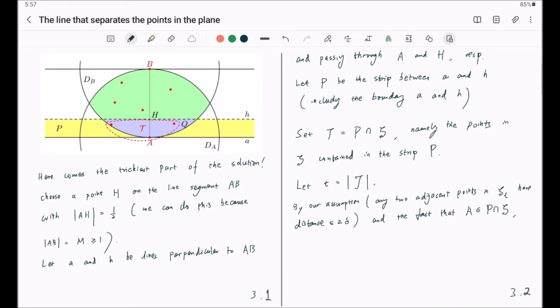We know the line segment AH contains at least this many points of S_L: the ceiling of 1/2 divided by 2 delta points of S_L.